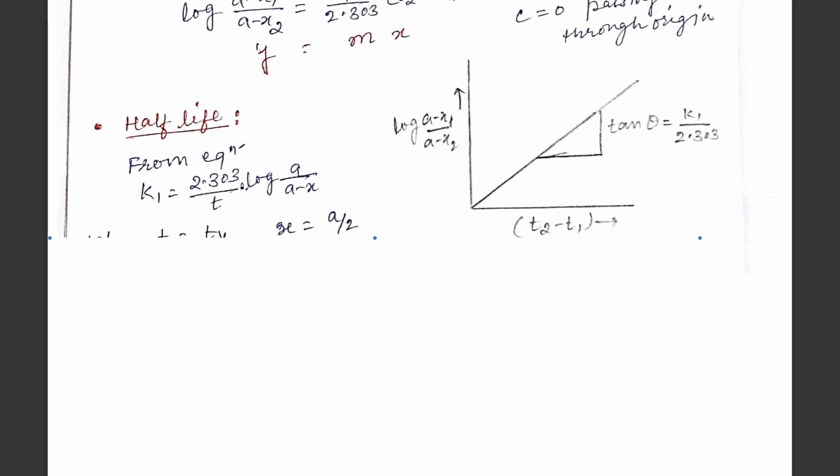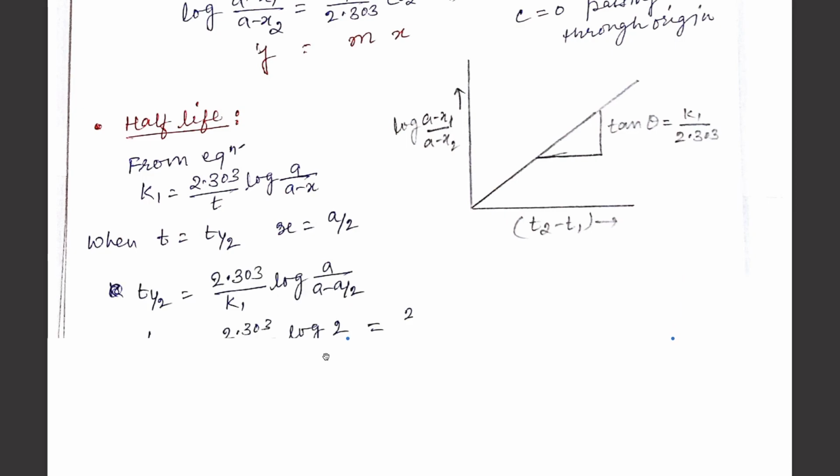Now for the calculation of the half-life period of a first order reaction, we will start with its integral rate equation when the initial concentration is known to us. Half-life period is that time period during which the concentration of the reactant becomes half of its initial concentration. So for that, T can be replaced by T half, and X can be replaced by A by 2.